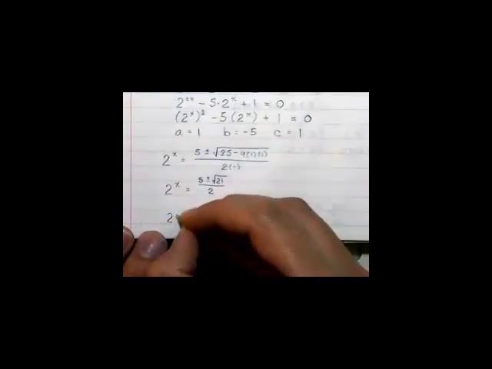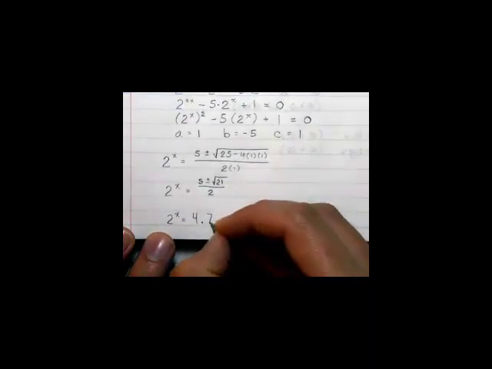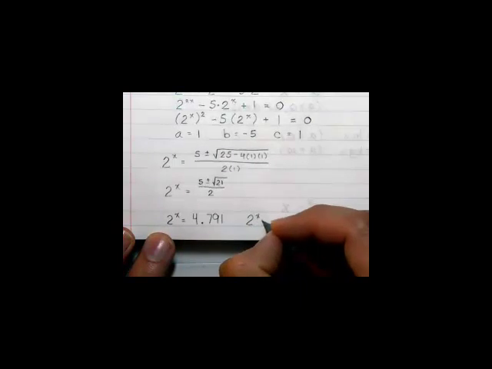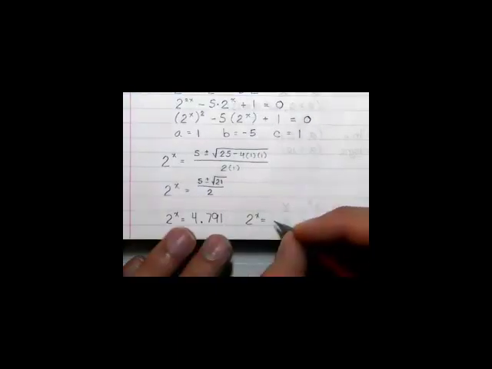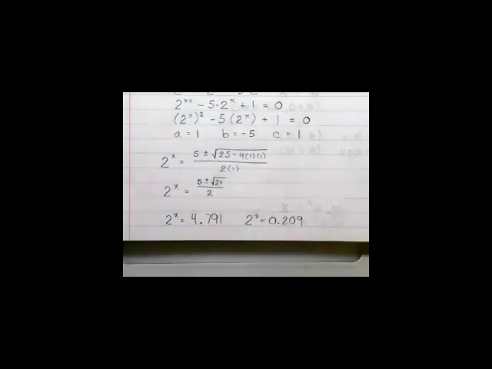So I get 2 to the x equals 4.791. And then if I use the minus, 5 minus the square root of 21 divided by 2, 0.209. So I have two little exponential problems now to solve. And then I'm done.